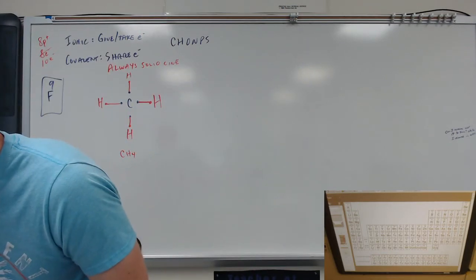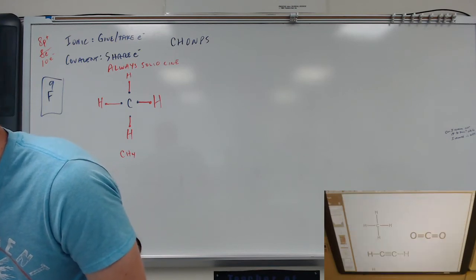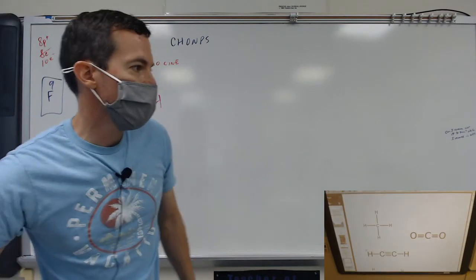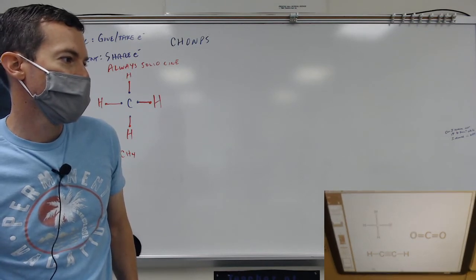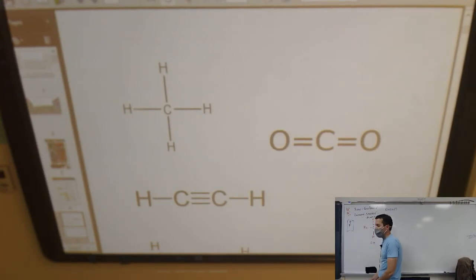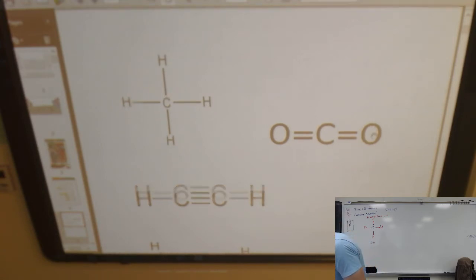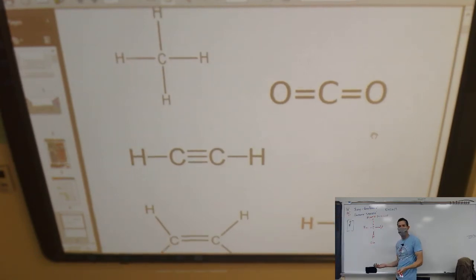Let's look at a couple more chemicals here and see what we can see. There we go. All right. Does it look like there's a rule on how many bonds carbon always forms? 4.